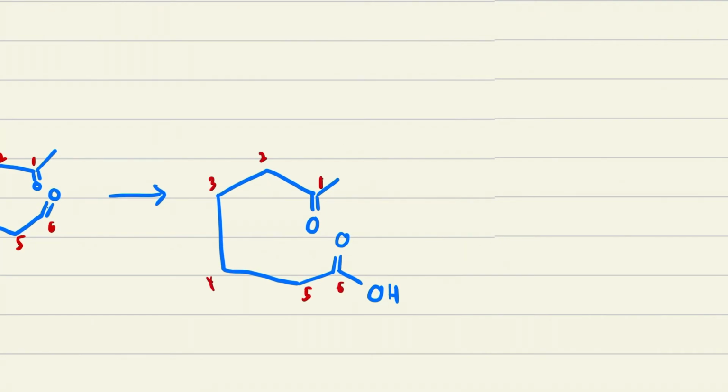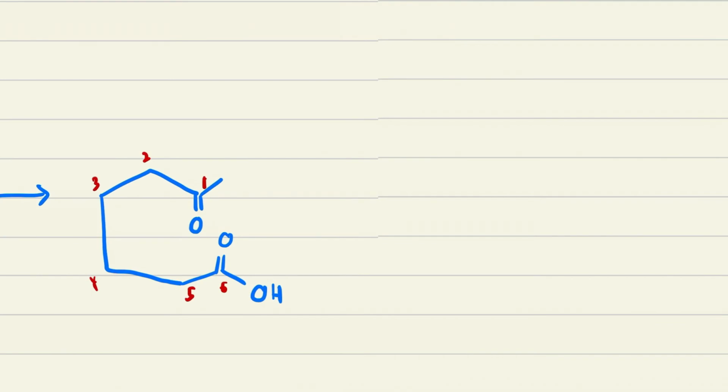That means, if you don't want to draw in this form, you can draw it in the straight chain form, which is a bit neater. This is actually not cyclic anymore, it is not connected. But just for our convenience, we draw it that way. Or if you want to be truly professional, you have to draw it like this. 2, 4, 6.